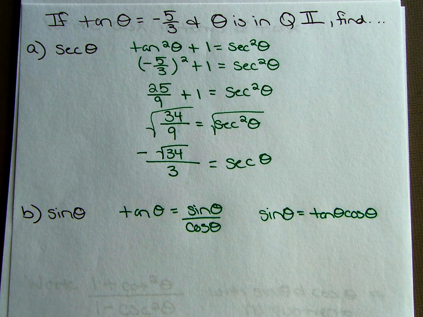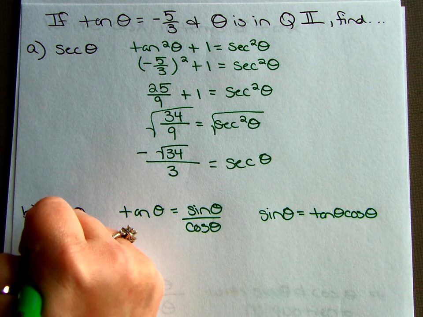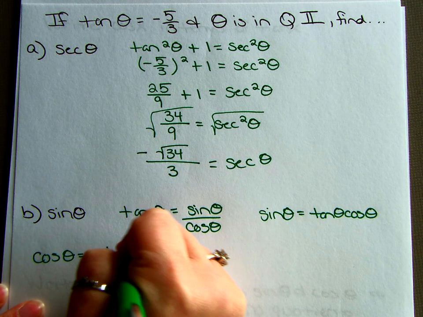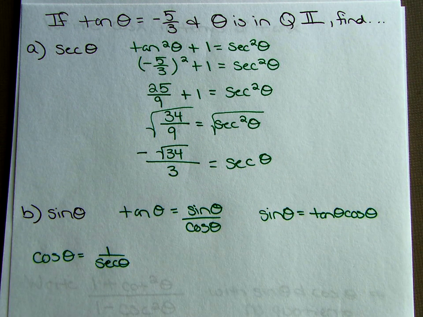Let's look back here. Well, I know from my reciprocals that cosine theta is the same thing as 1 over secant theta, right? Because secant theta is 1 over cosine theta. So I know that information. And the nice thing is the question right above, we just found out what secant theta is.